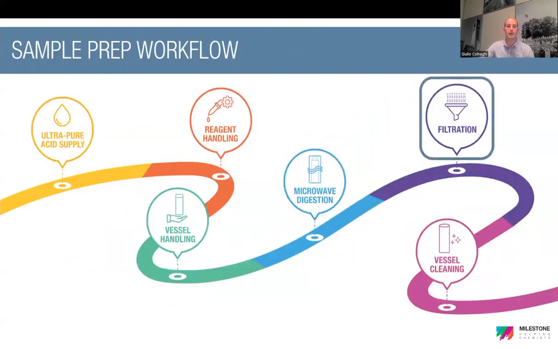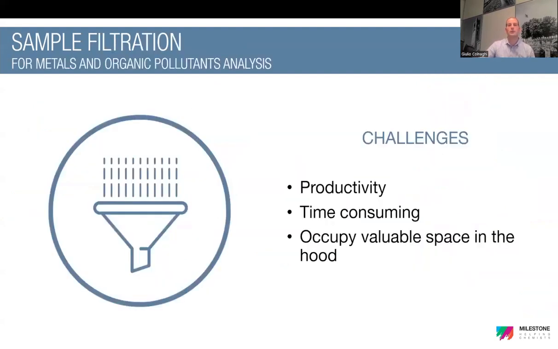Moving from microwave digestion and extraction to the filtration, because after these processes we need to filter and separate the solid particles from the liquid. This is also a very challenging step, because it impacts the productivity.